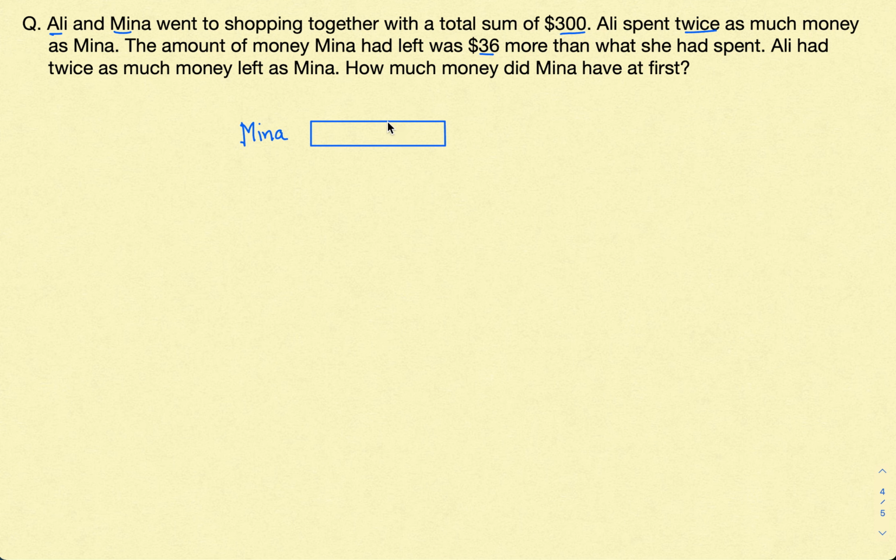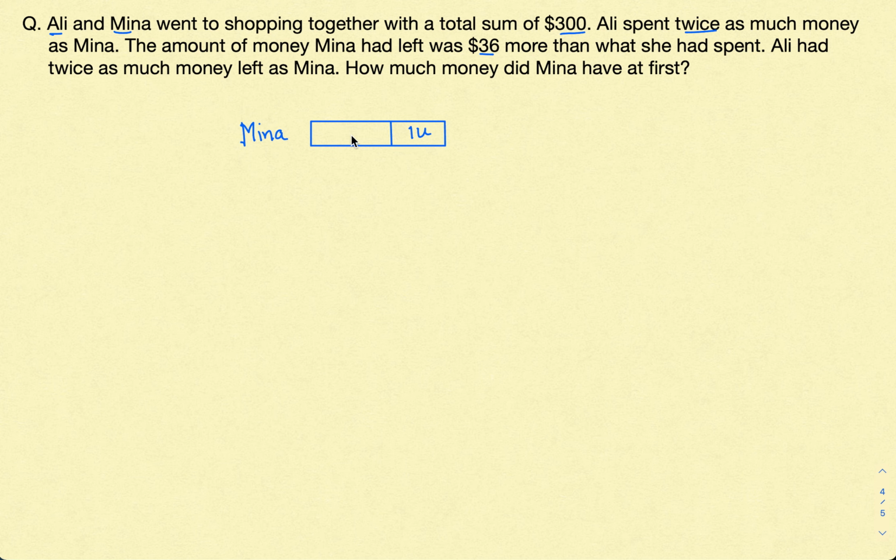Now we know that she has spent less than what she is left with. So let's divide her money into two parts. One part is what she has spent. I have shown it with a smaller portion because she has spent less than what she is still left with. It's written here, Meena was left with 36 more dollars than what she has spent. So let's say she has spent 1 unit, and then obviously this is the amount she is left with.